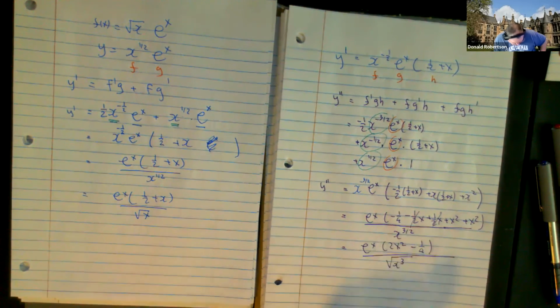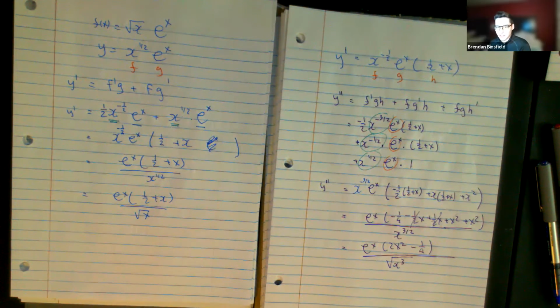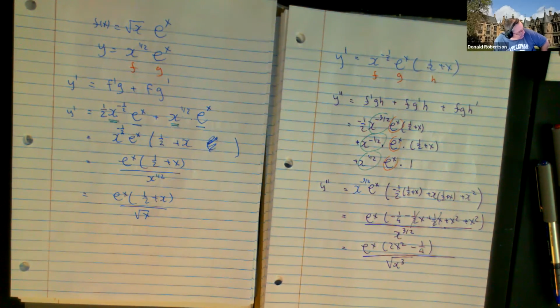This looks right. It does. It looks a lot better than what I had. But it's not their answer. Yeah. No, I'm totally happy with my method. I'm not happy with my answer, not agreeing with them.